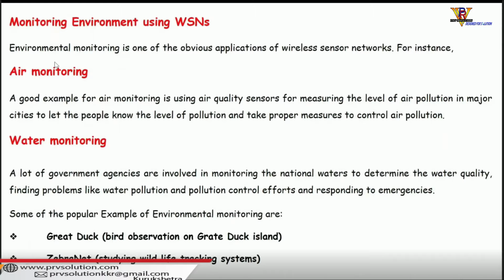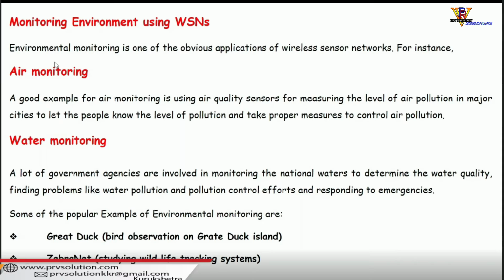Then these wireless sensors can be used in monitoring the environment. Environment monitoring is one of the obvious applications of wireless sensor networks. For example, to monitor the air, then water monitoring. Everything can be done with the help of wireless sensor networks.